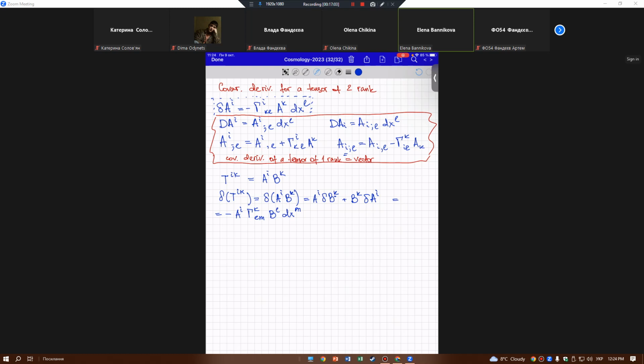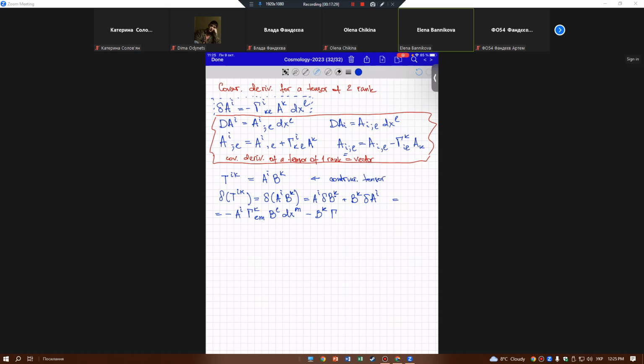And for the second summand, we again will have minus B^k gamma. As an example, of course, we consider here the contravariant tensor.